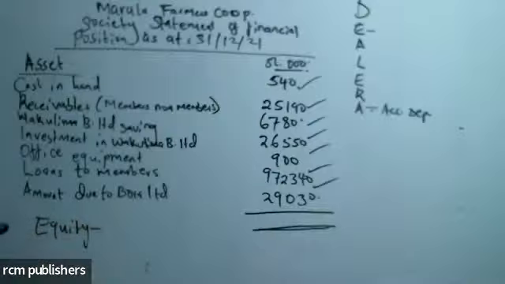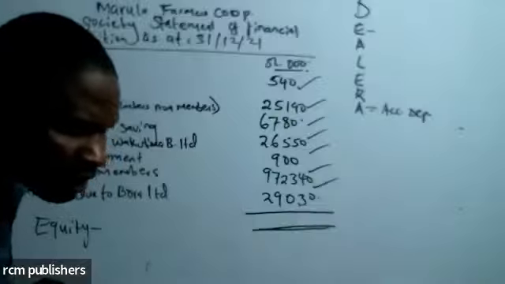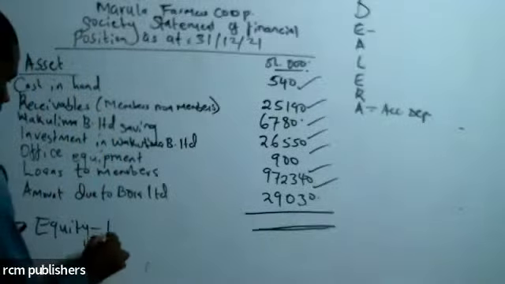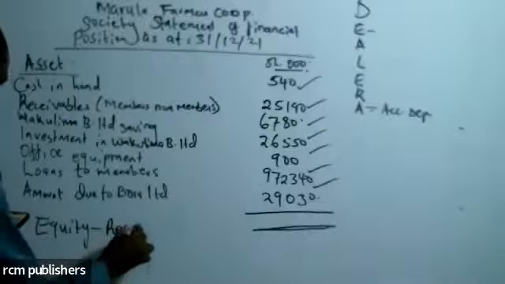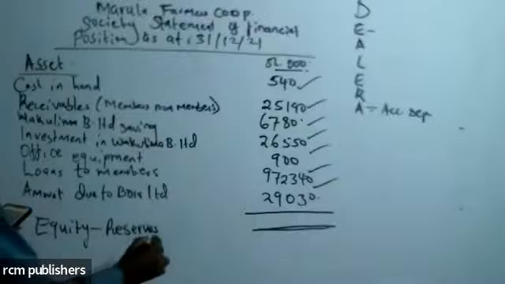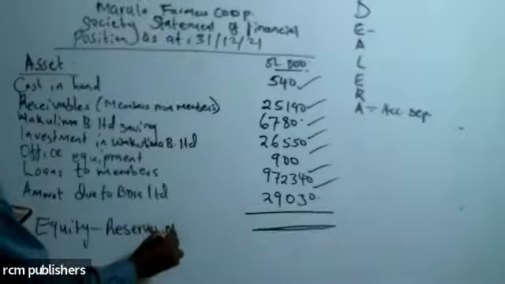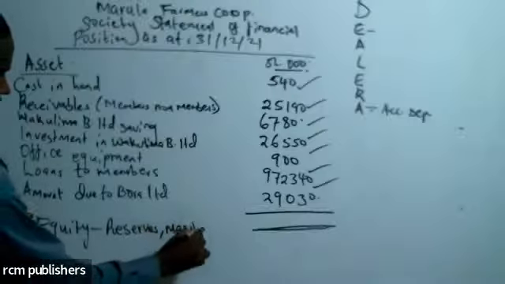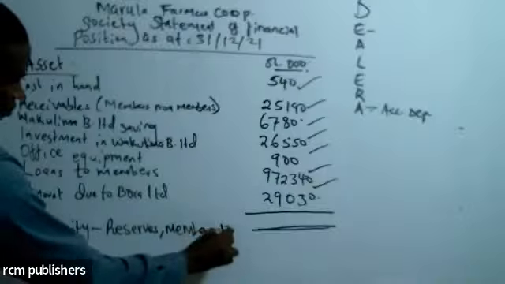So under equity section, tutakuwa na kitu kama reserve. We shall be having reserve. Naona figures tofauti pale. Tutakuwa na reserves. Tutakuwa na members deposit. Members deposit.